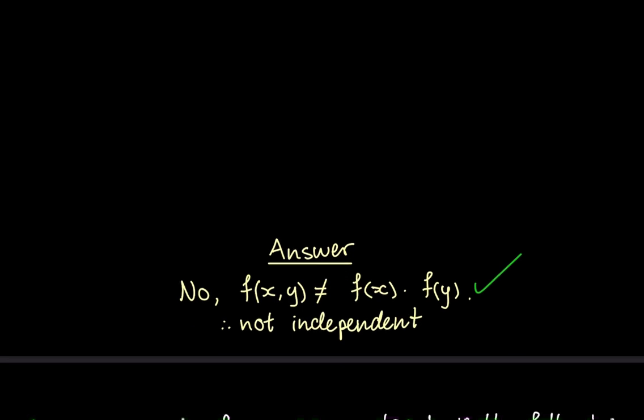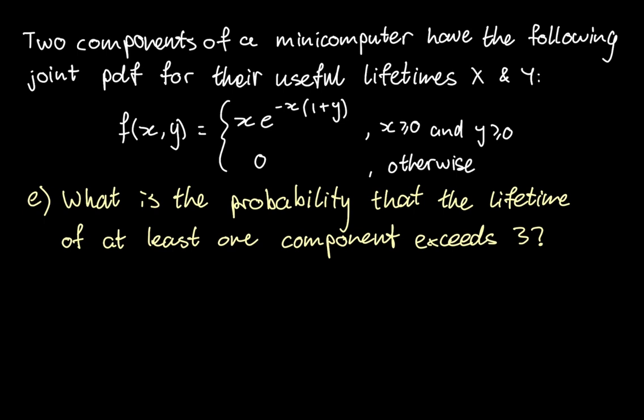Okay, so the last question now. What is the probability that the lifetime of at least one component exceeds 3? Okay, so I need to write this now in terms of both of the random variables. So I'm looking for the probability that x is greater than 3 or that y is greater than 3.